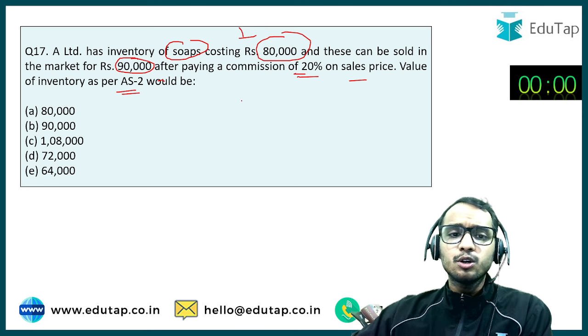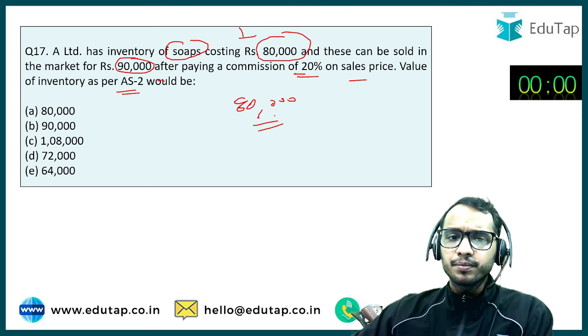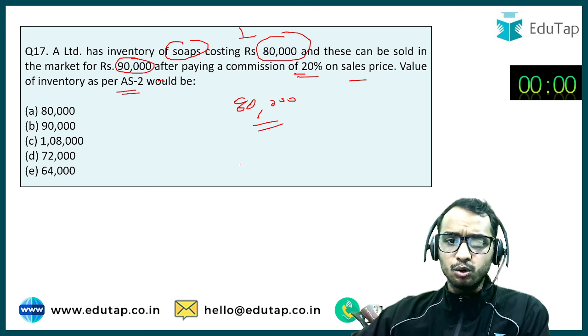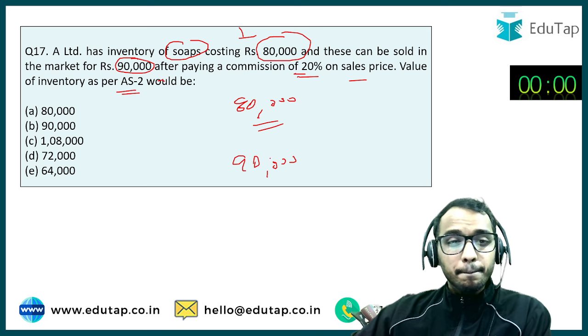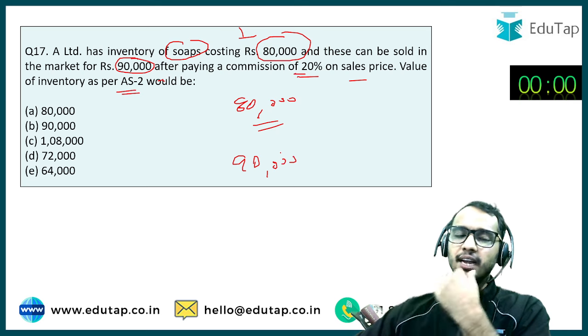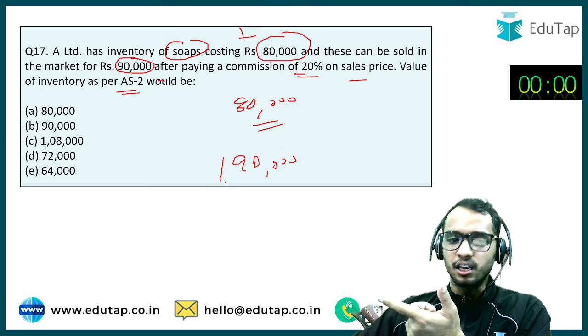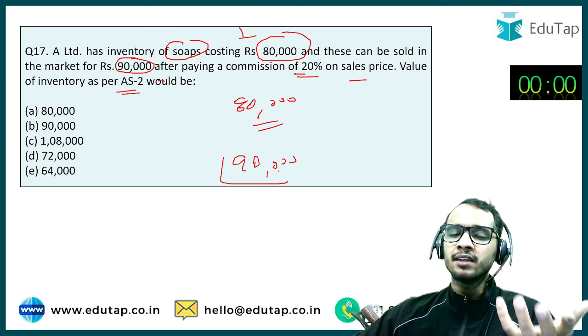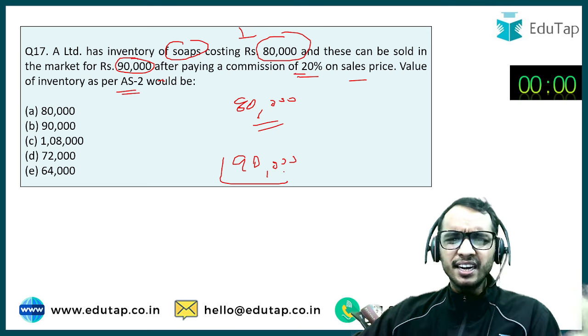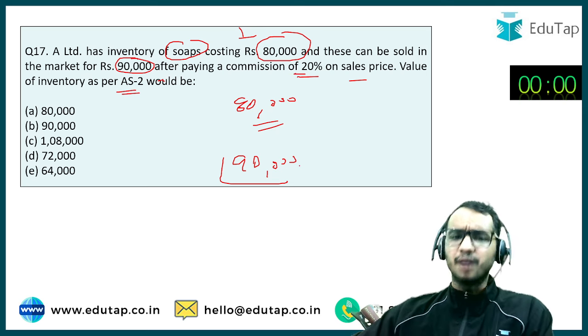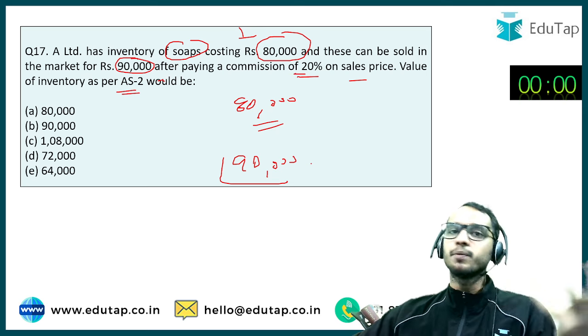So here our cost is 80,000 and let's try to find out the net realizable value. Market value is 90,000, but you have to pay a commission of 20%. That is, 18,000 commission would be paid on the selling price. 20% of 90,000 is what? 18,000, isn't it? Yeah, because 10% is 9,000, so 20% would be 18,000.